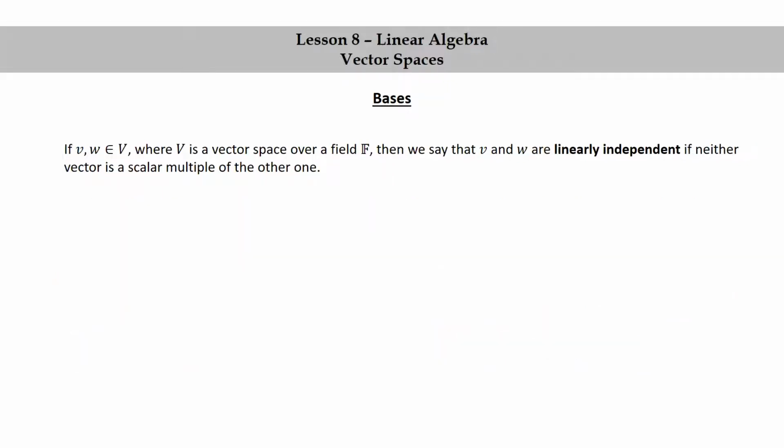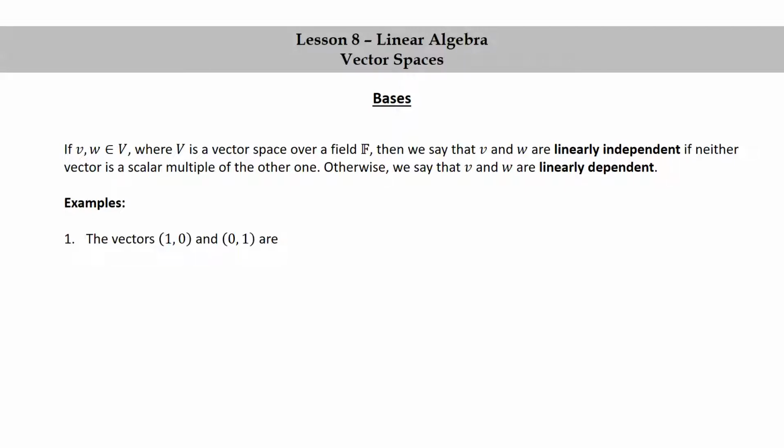If v and w are in V, where V is a vector space over a field F, then we say that v and w are linearly independent if neither vector is a scalar multiple of the other one. Otherwise, we say that v and w are linearly dependent. Let's look at some examples.